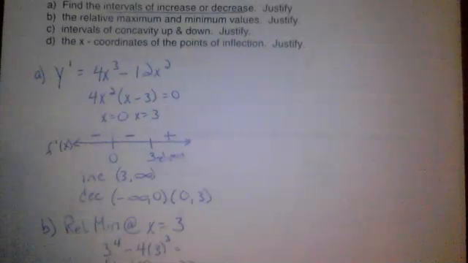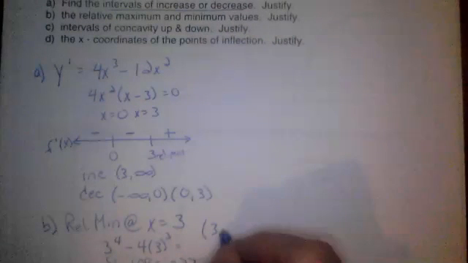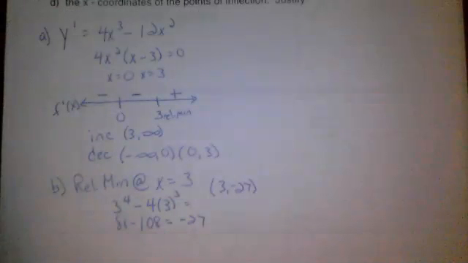Hang on. -27. So if they wanted the point, you'd need to put it back in. You get (3, -27) is the actual point where we have a relative minimum.